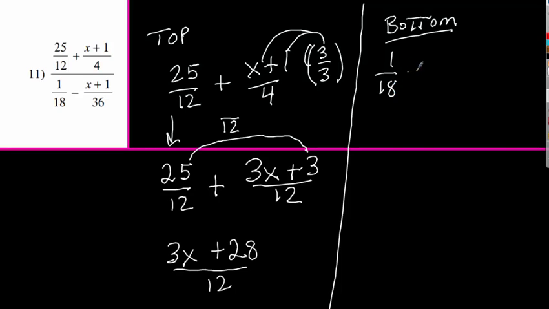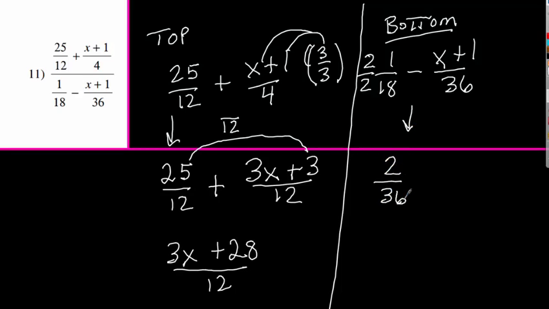Well, we have 1 over 18 minus x plus 1 over 36. So once again, I need some form of common denominator, or some kind of least common multiple. In this case, it'd be 36. So I need to somehow get this one to be a 36. So I got to multiply it by 2 over 2.